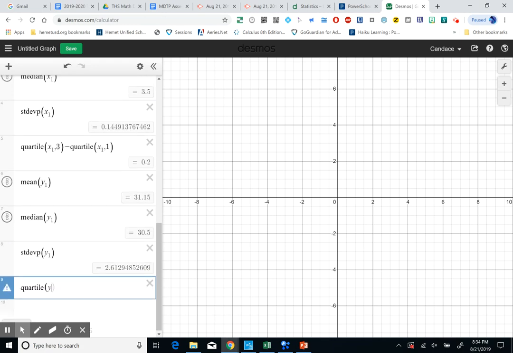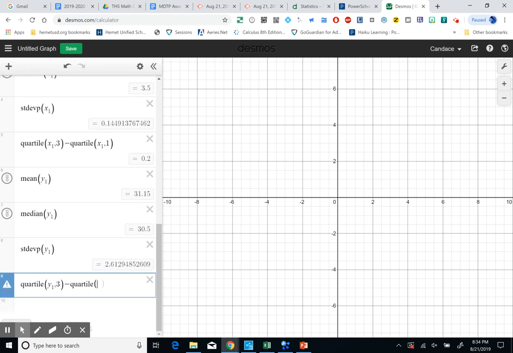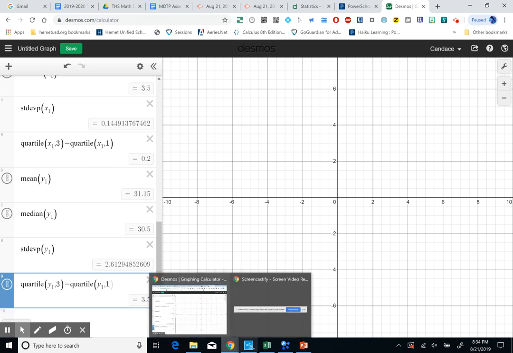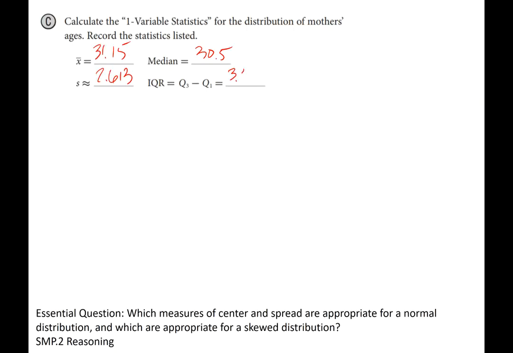And we're going to do Y sub 1, comma 3. Oops, I got it in the wrong spot. Comma 3, parentheses, minus quartile, Y sub 1, comma 1. So 3.5. All right, and that's it for our calculations.